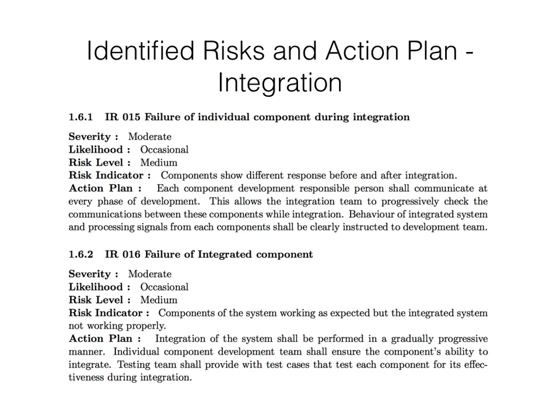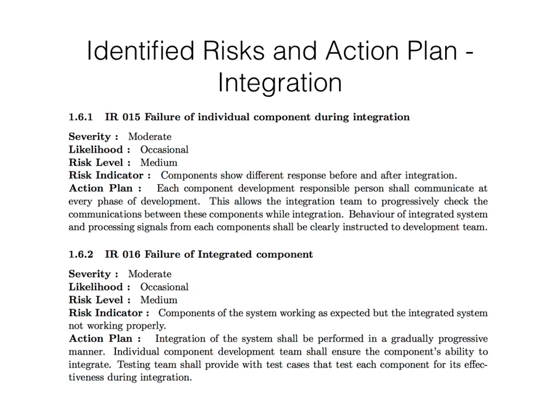The second one in this category is the failure of an integrated component. How to identify this is the components of the system are working perfectly when they are individual, but after integration it is not working properly. How to avoid this is to have a gradual integration process rather than an abrupt one.